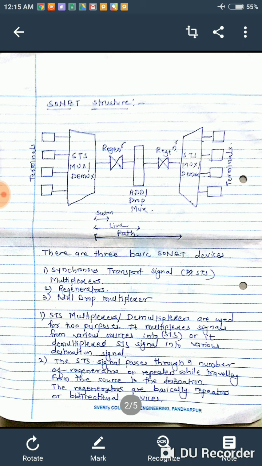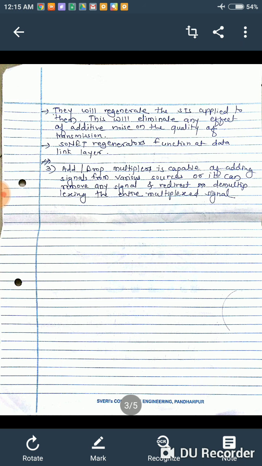So we have seen the STS mux or demux, regenerators, and the central important block, the add or drop multiplexer. That is a very important point in the block diagram. The add or drop multiplexer is capable of adding the signals from various sources, or it can remove any signal and redirect it, demultiplexing the entire multiplexed signal.